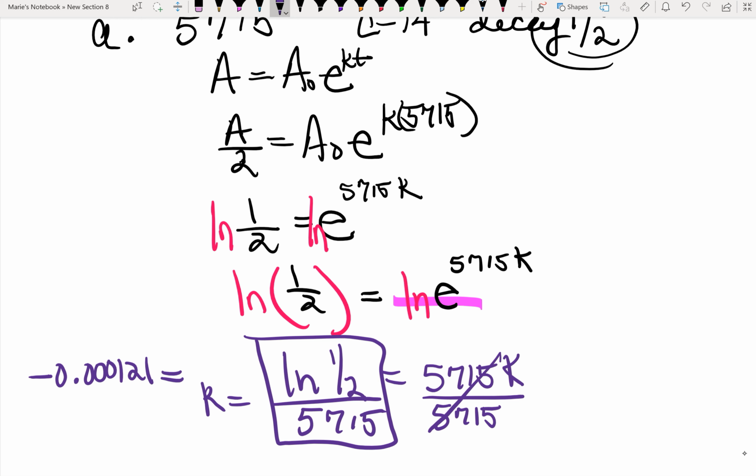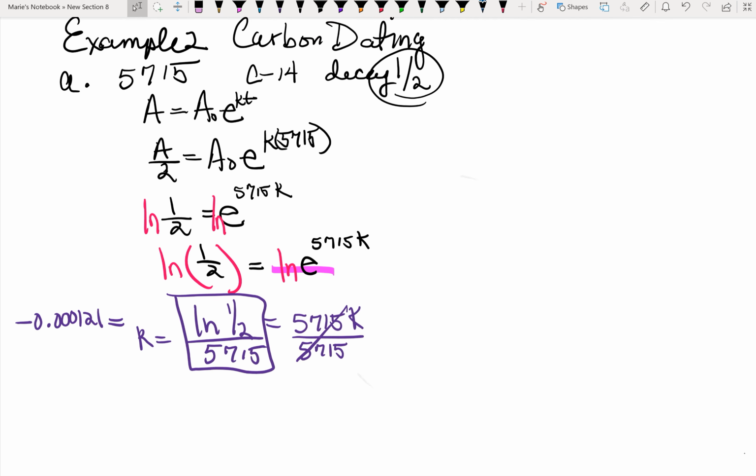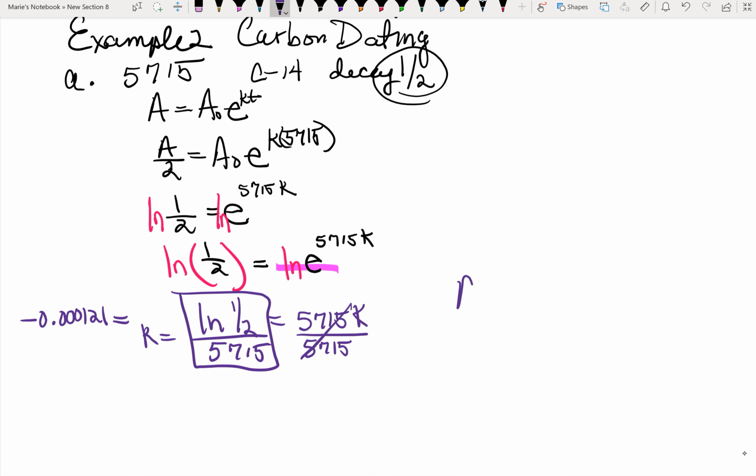So if I were to write the model now, knowing k, I would say future value is equal to the initial value times e to the negative 0.000121 times t, because now we don't know t.